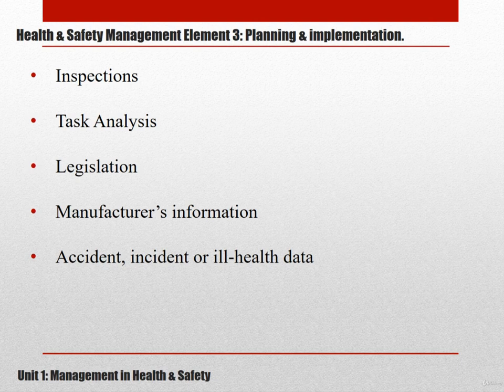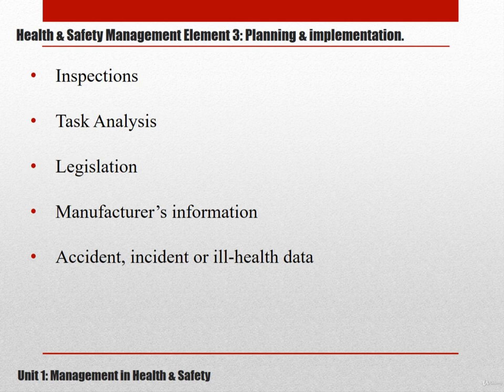When a new item of plant, machinery, or equipment is purchased, it usually comes with an instruction book, which contains information about all the related hazards and instructions for safe use, cleaning, and maintenance. Similarly, when a new substance is purchased, it comes with labels and the Material Safety Data Sheet, the MSDS, which clearly identifies the hazard of the substance.